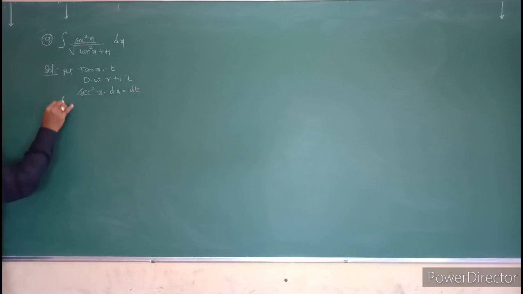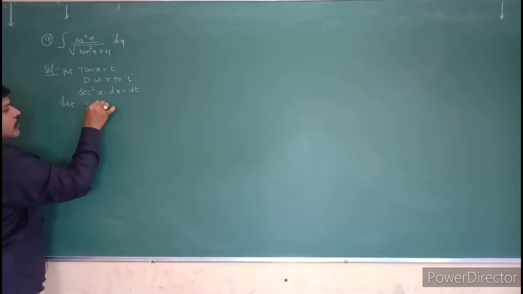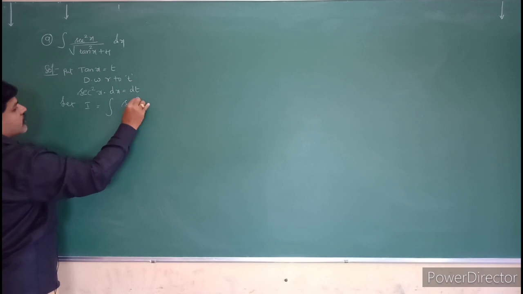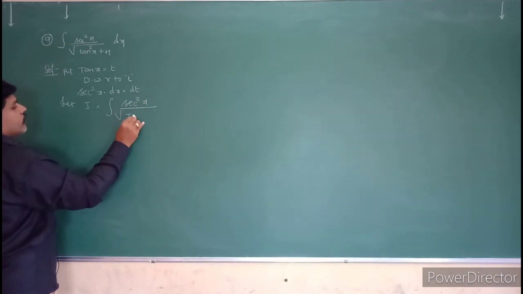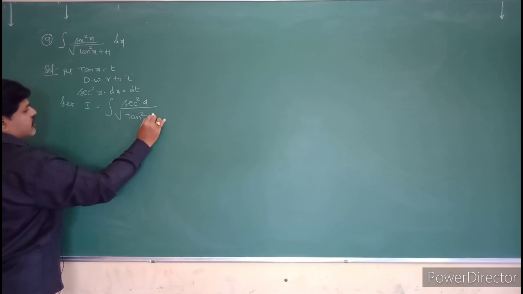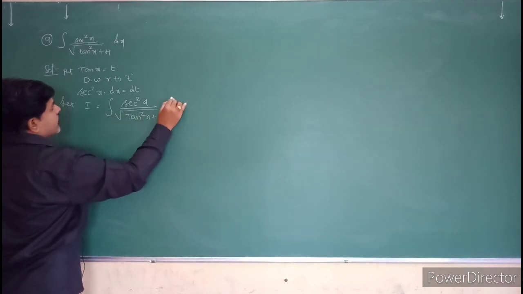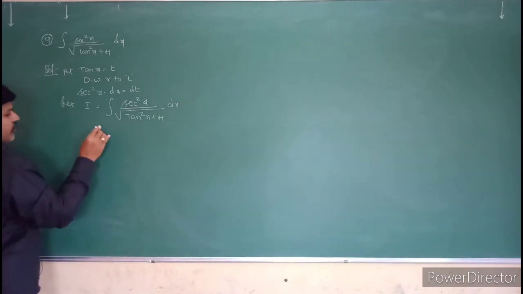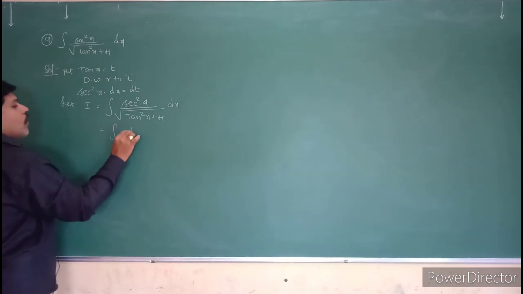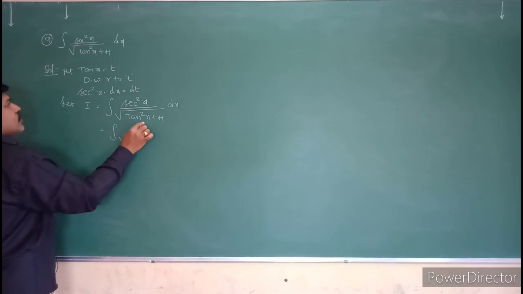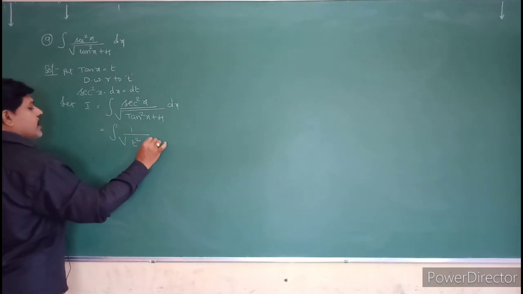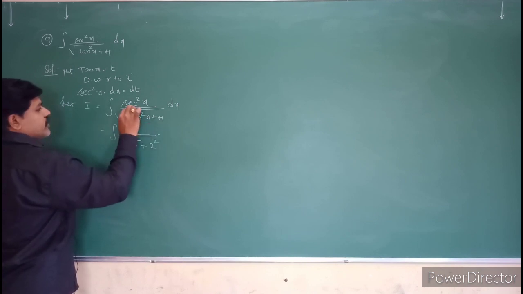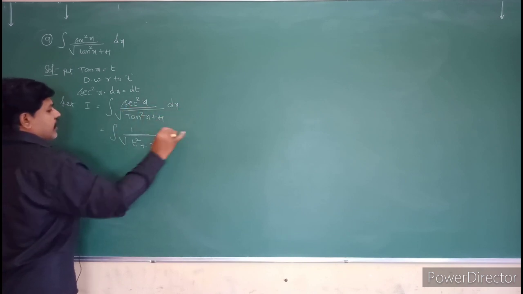So take the problem, let I is equal to integral of secant square x by root of tan square x plus 4 into dx. So what happens, students? Integral of 1 by root of tan square x, tan square x is nothing but t square plus 4. 4 can be written as 2 square, and secant square x into dx value becomes dt.